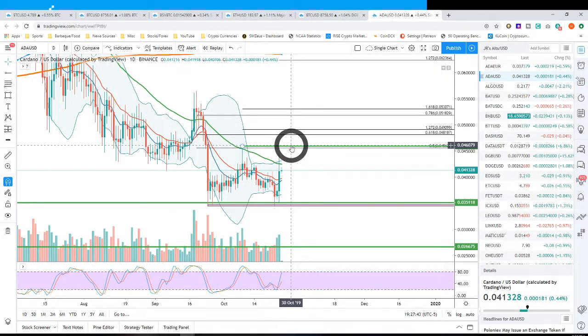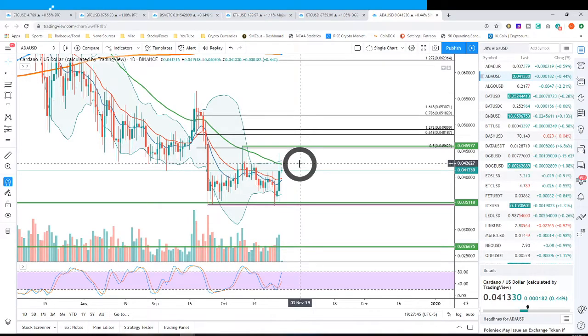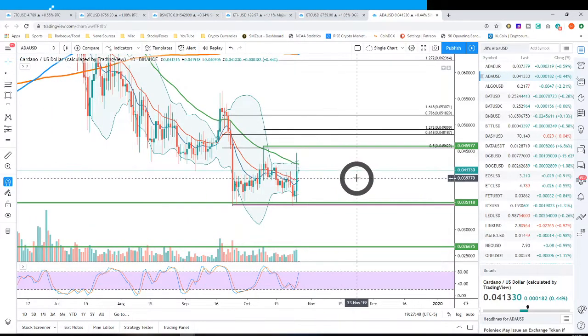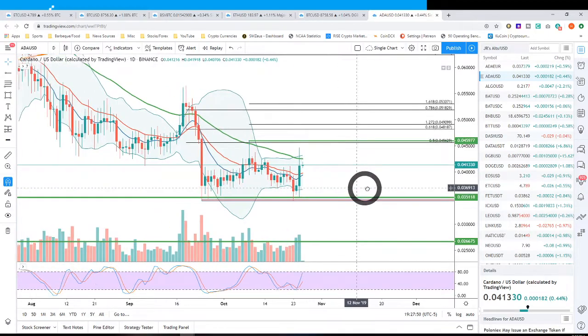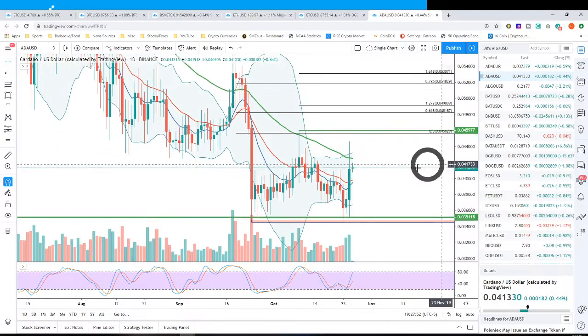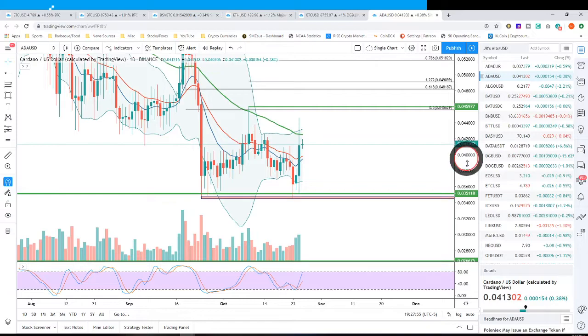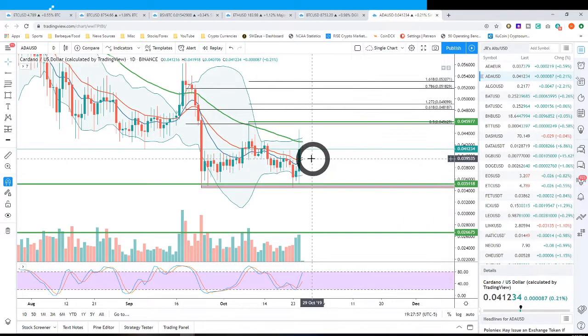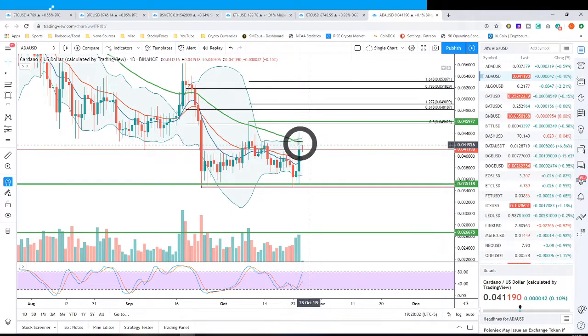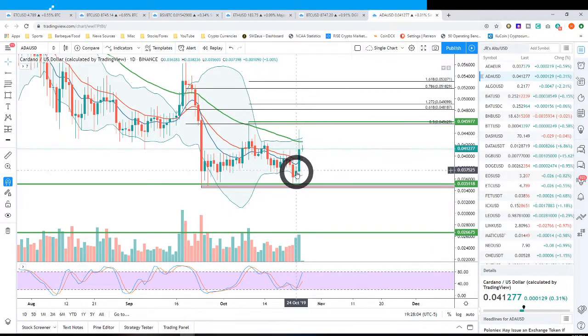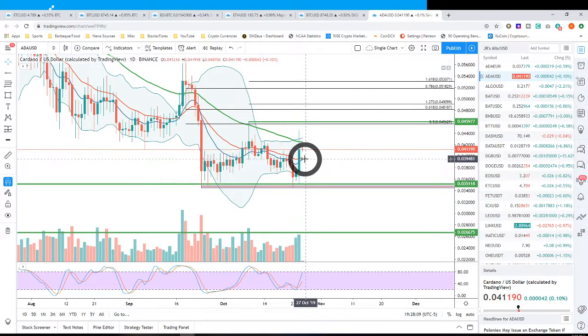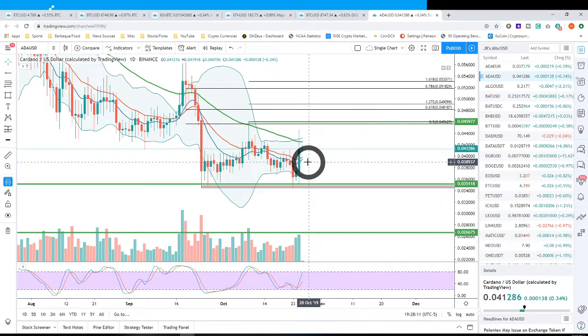Anyway, looks decent. I mean, it's one of those that if you were playing it, here's how I would do it if I was playing it. Okay, and if you're just in love with this one, obviously the 50 EMA is resistance, right? But you got good support right here at the 20 and the 10, right? And what you want to see is that 10 get above the 20 and hold, all right?